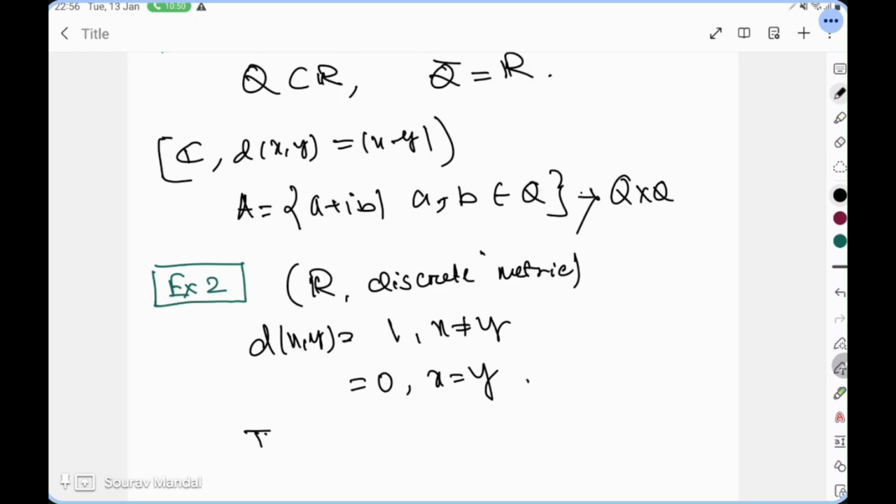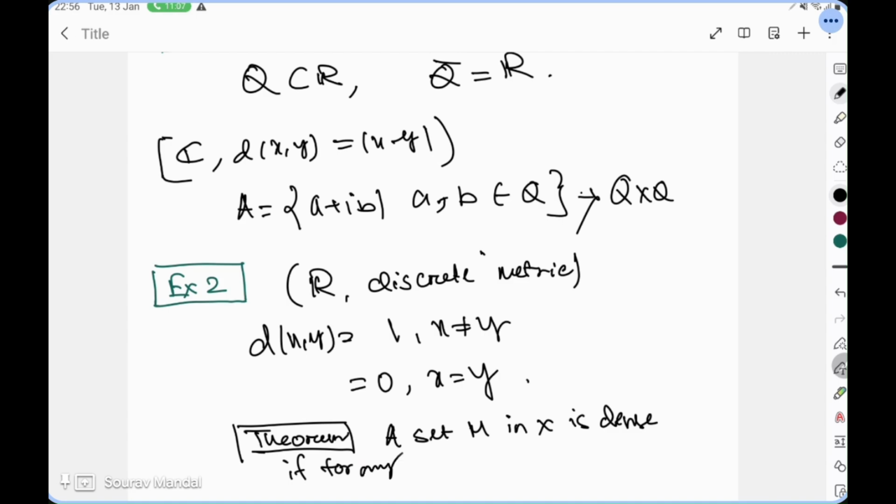There is a theorem: a set M in X is dense if for any open set O in X, O intersection M is non-empty. Okay.